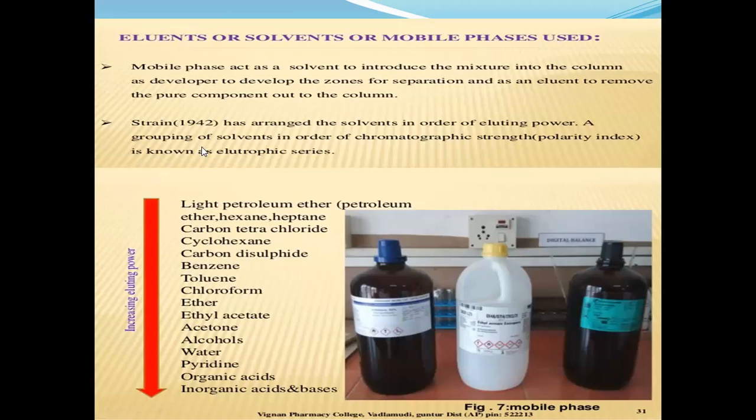The mobile phase acts as a solvent to introduce the mixture into the column, as a developer to develop the zones for separation, and as an eluent to remove the pure components out of the column.